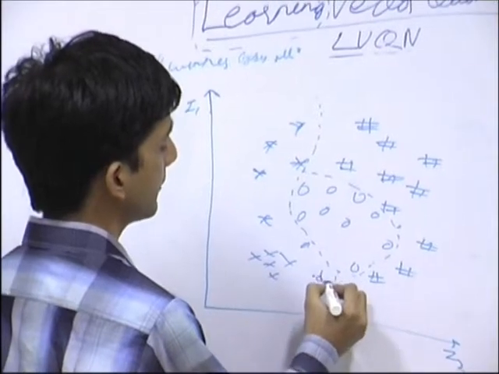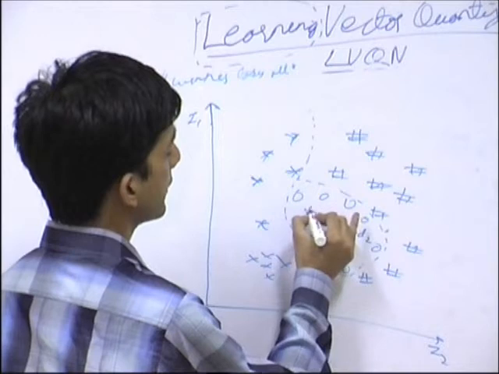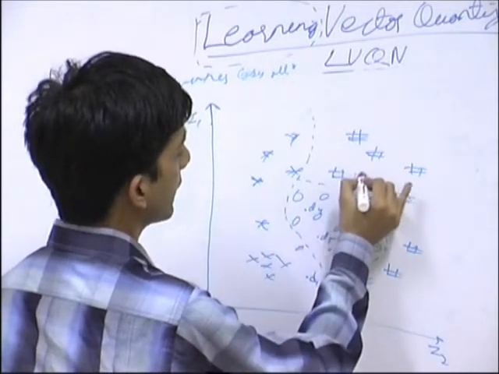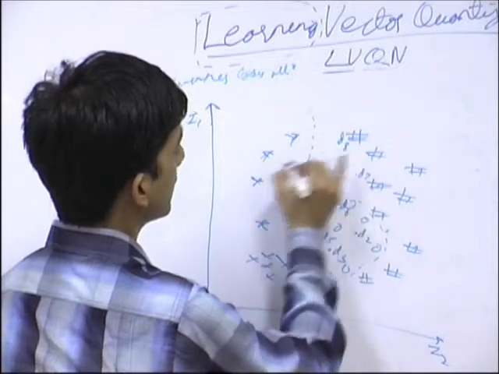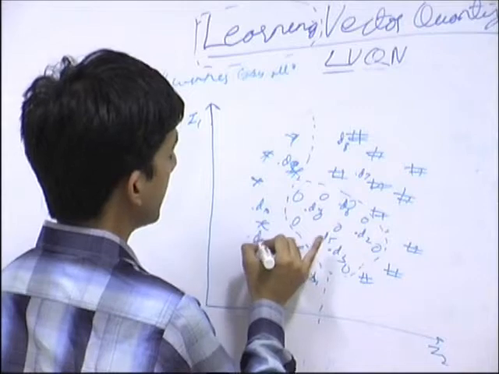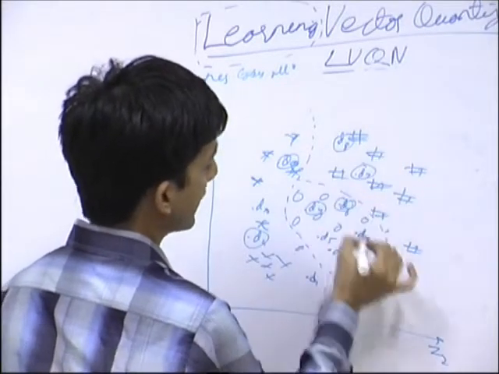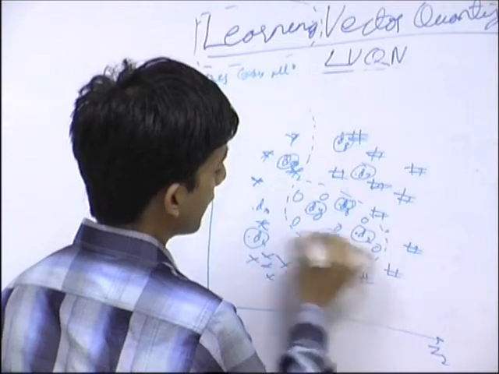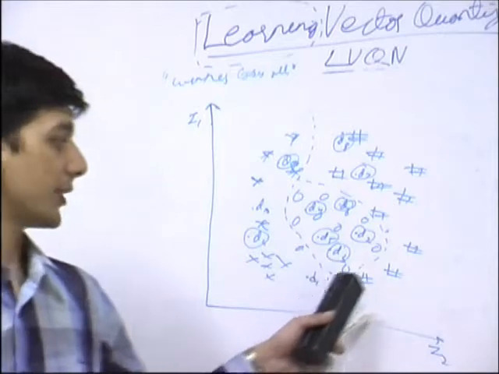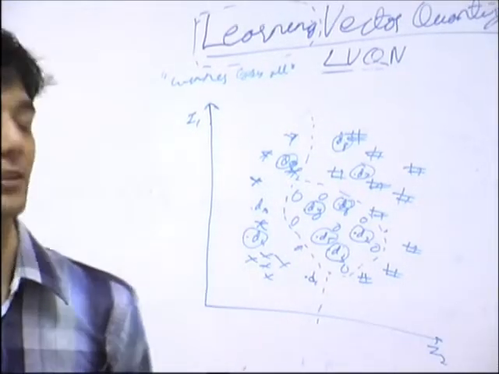Let's say this is D1, this is D2, D3, D4, D5, D6, D7, D8, D9, D10 and D11. These are the data centers, or in this case sometimes referred to as the subclasses as well. These are my training database. The LVQ has supervised learning only.